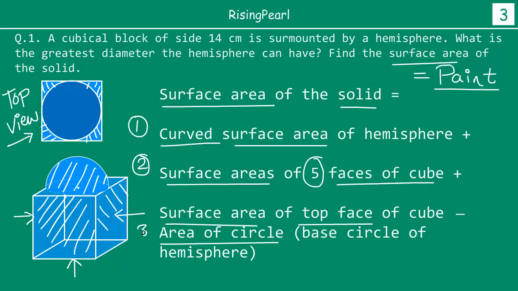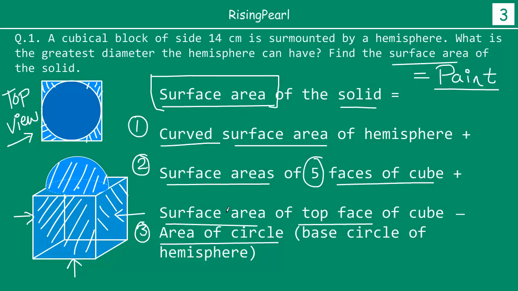And this is the third one, which is the top face of the cube, but it will be the top face of the cube minus the area of the circle, which is the base of the hemisphere. So that will give us the total surface area of the solid.